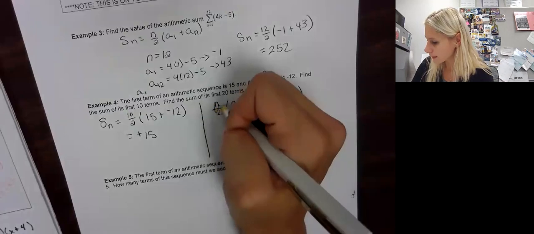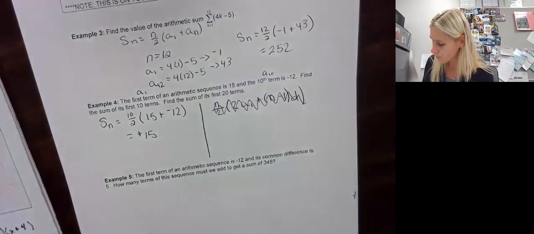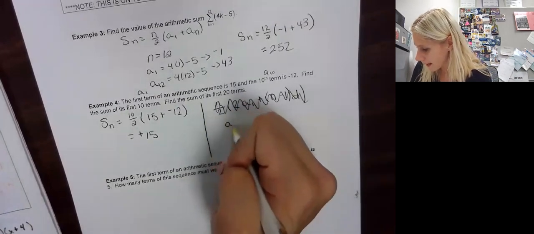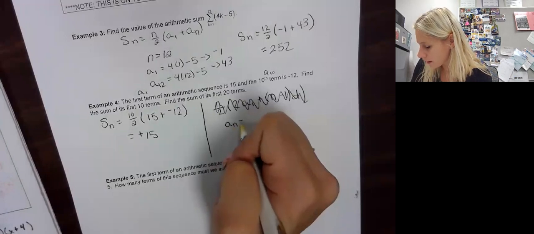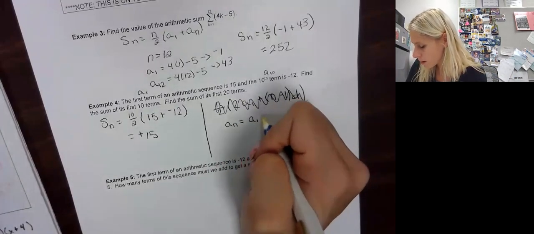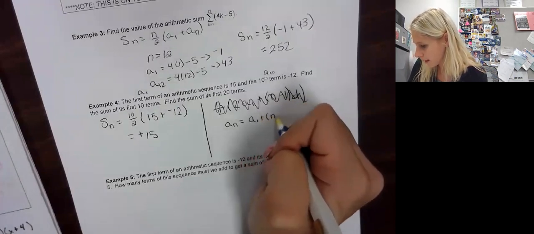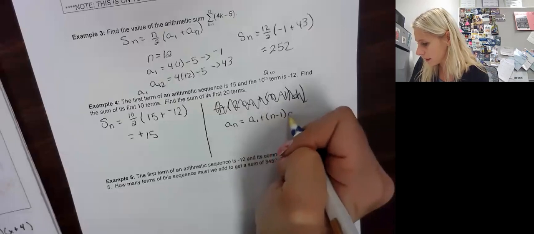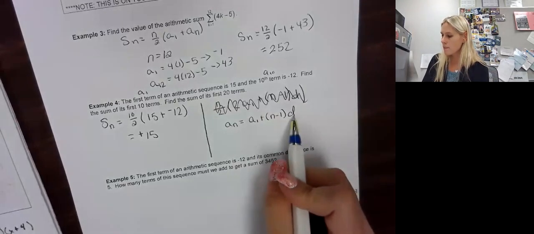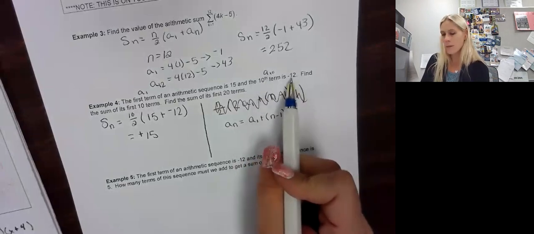Well, let's go back to the last section. We have that a subscript n equals a subscript 1 plus n minus 1 times d. So can't we find the difference knowing that the 10th term is negative 12?